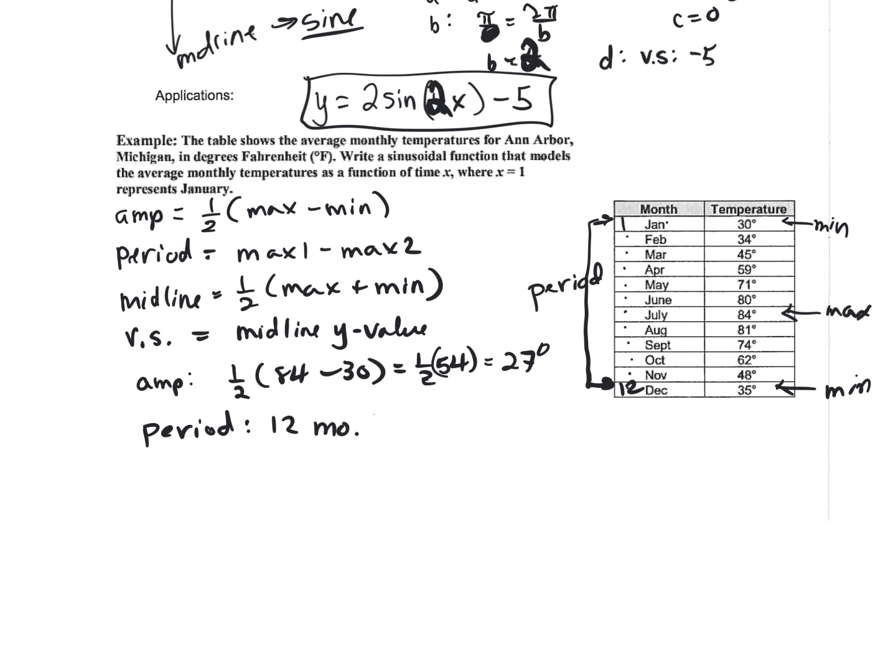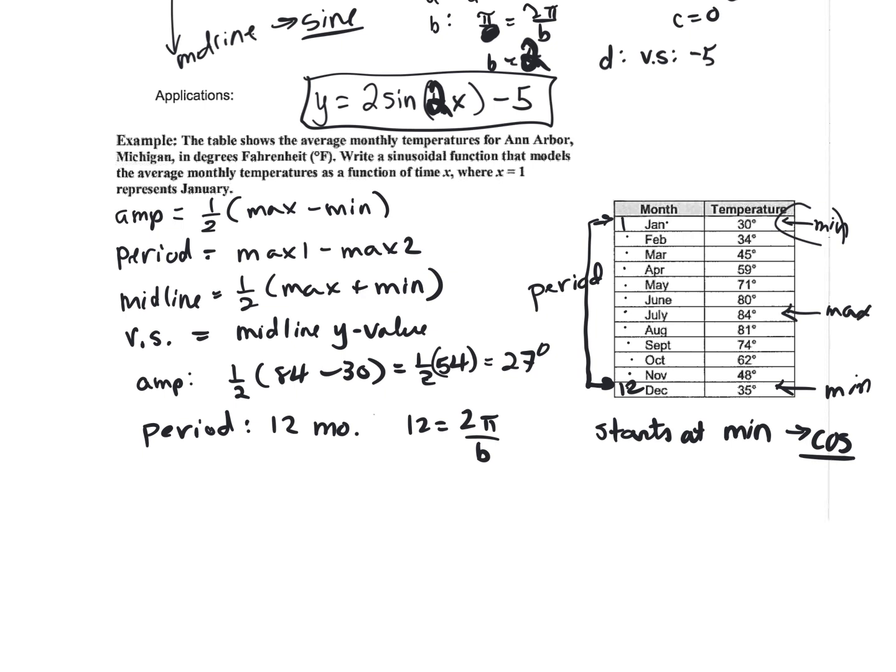To find B, we can set 12 equal to what? 2 pi over B. Now, why do we know that? Because we know this is going to go up and back down again. We're going to decide whether we want to write this as a sine or a cosine. Since it starts at a minimum, we're going to call this cosine.